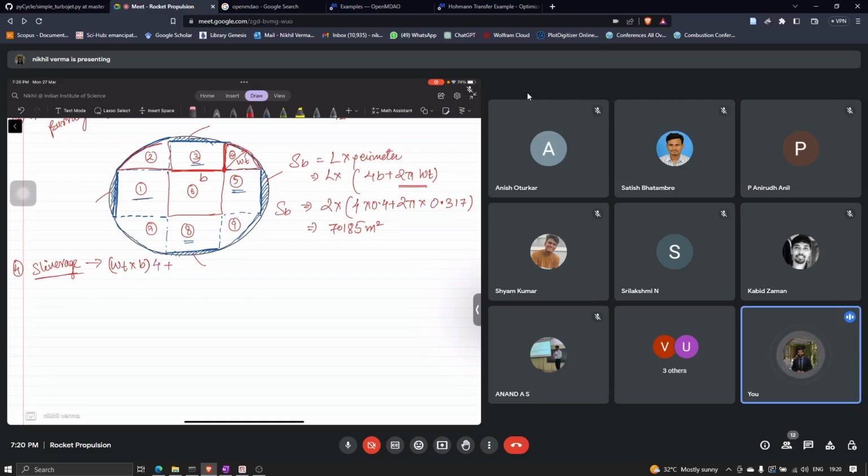Then we have pi into WT square, right? So this is a quarter circle, and the area of a circle is pi r square. The radius is WT. Therefore the total area is pi WT square, right?